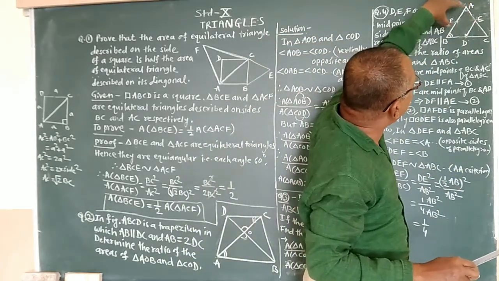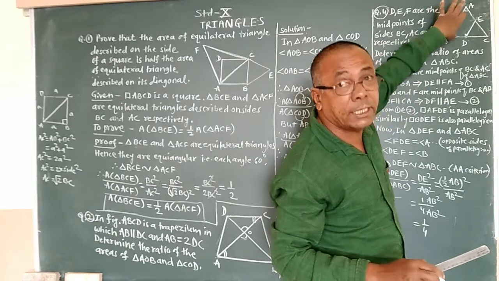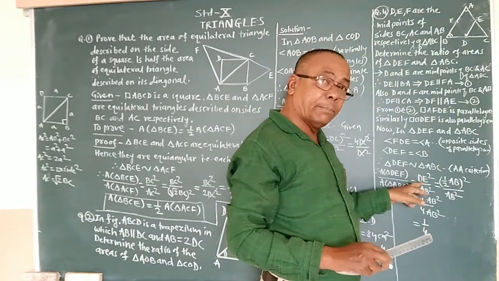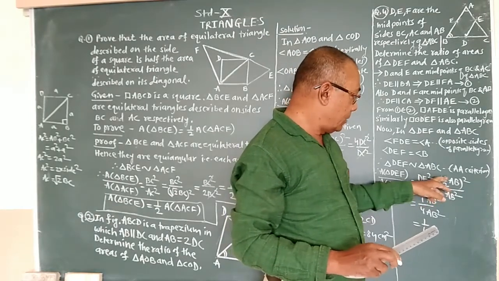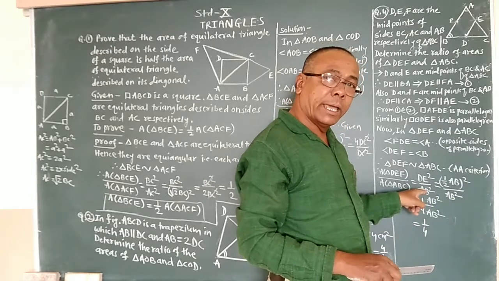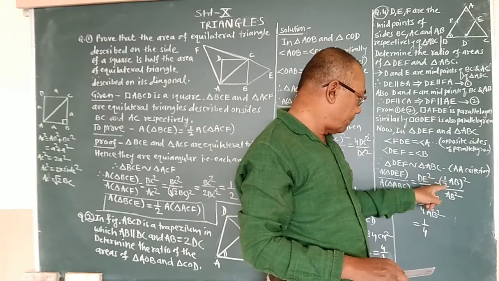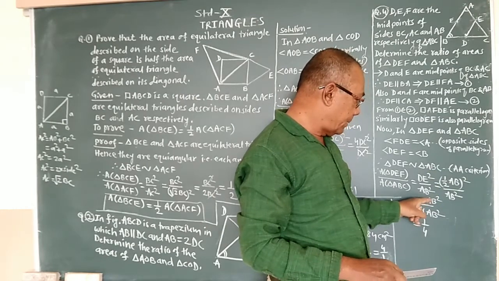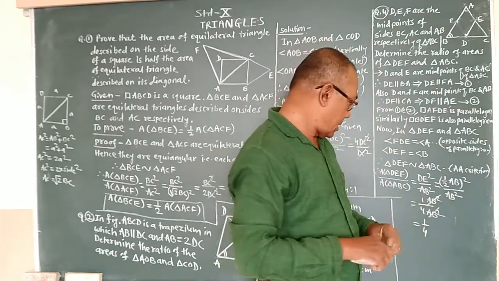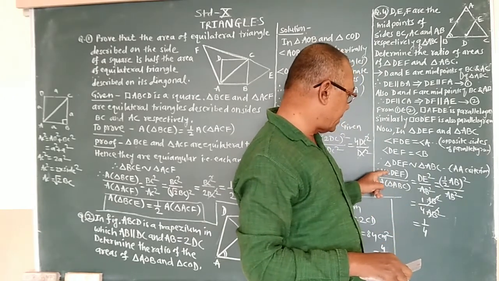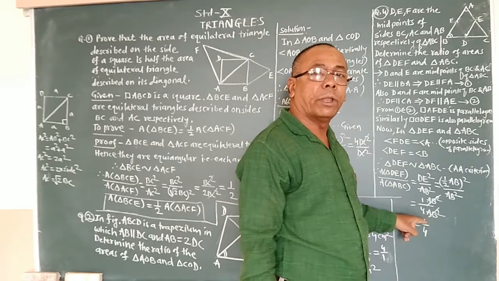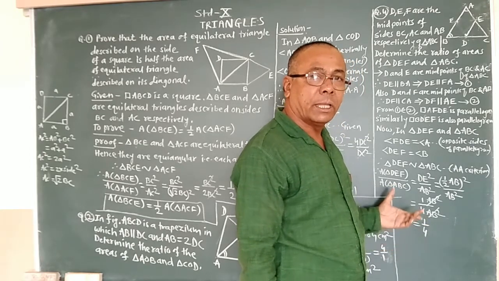So DE equals 1/2 AB, and replacing DE we write (1/2 AB) square, which is 1/4 AB square upon AB square. AB square gets cancelled, and therefore area of triangle DEF upon area of triangle ABC equals 1/4, and that is our answer.